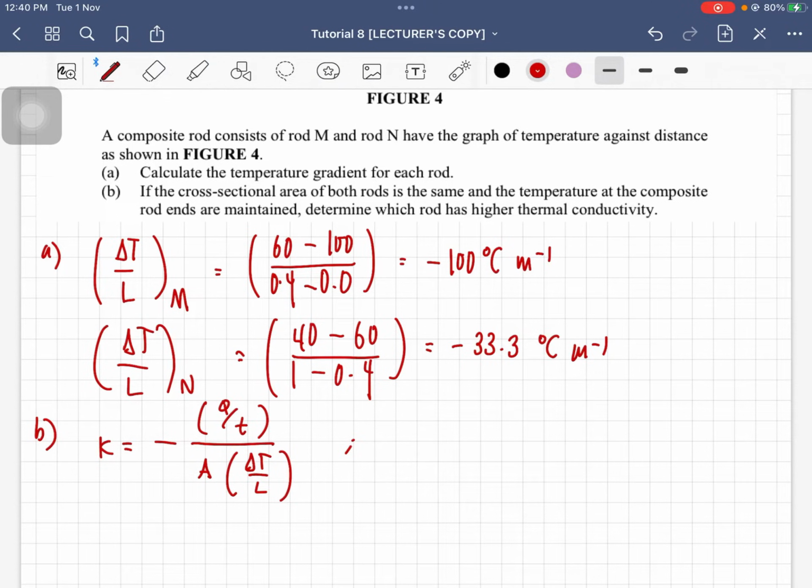And we know that the rod should be in steady state, so the rate of heat transfer should be equal.